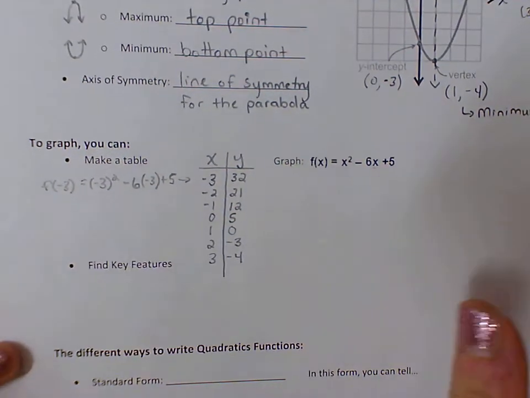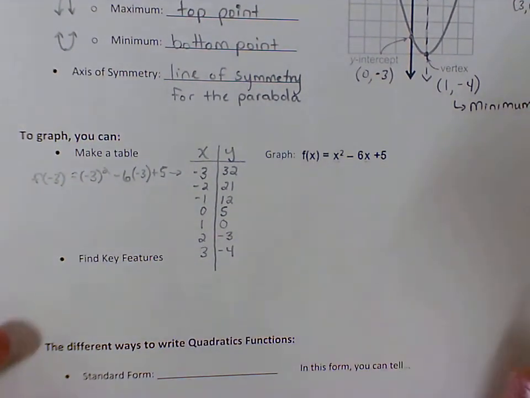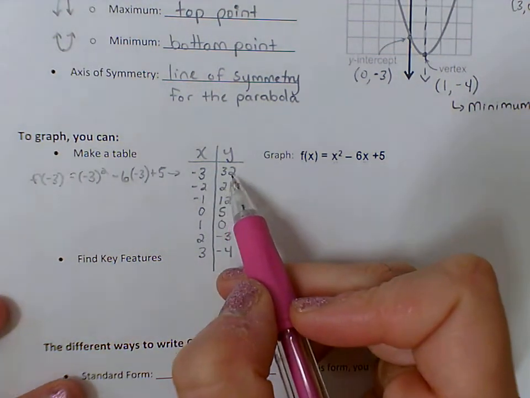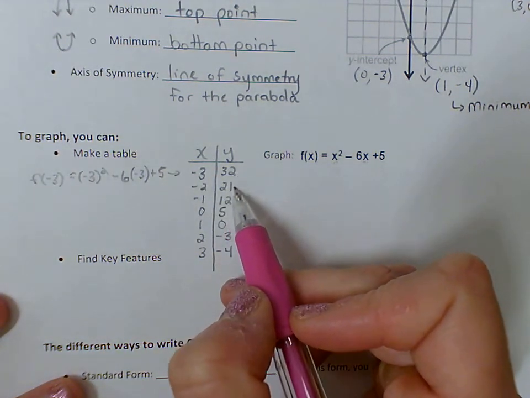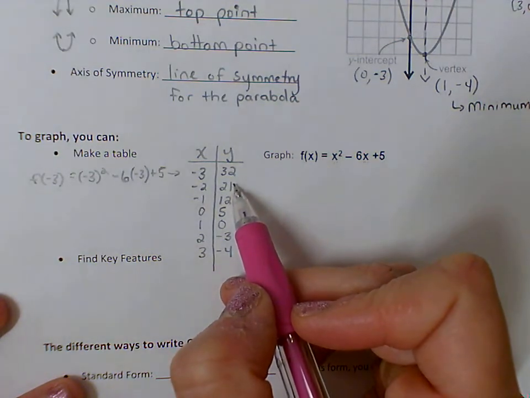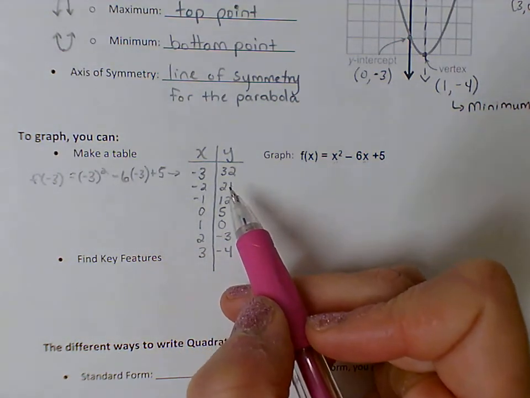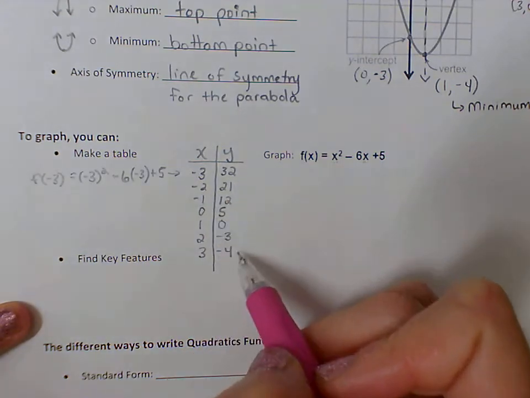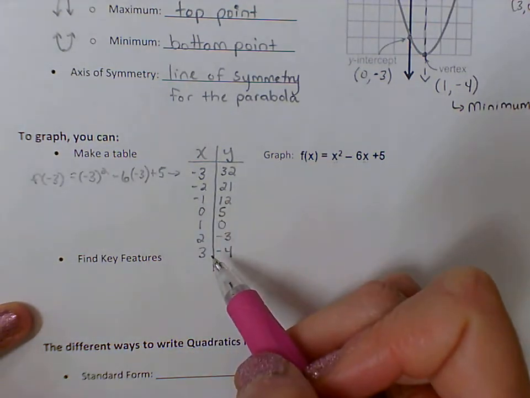Okay, so what I'm going to do now is take my coordinates and graph them. Now, I do want you to see, if I was graphing it on one of the graphs that we have available to us in class, those wouldn't fit on our graph. So I'm going to graph some that will fit on my graph, okay?